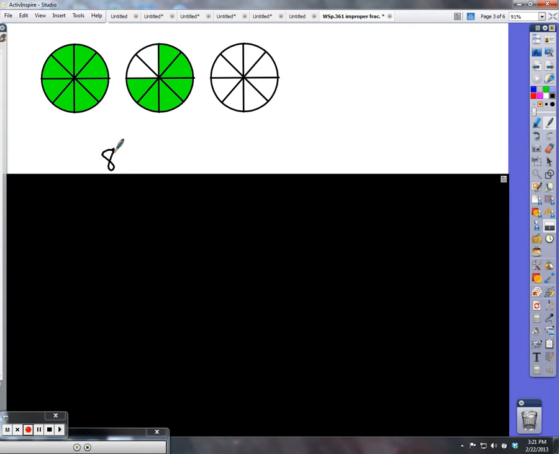So my denominator is going to be 8 on my improper fraction, and my denominator is going to be 8 on my mixed number. So for the improper fraction, I count how many eighths altogether there are. Here's 1/8, 2/8, 3/8, 4/8, 5/8, 6/8, 7/8, 8/8, 9, 10, 11, 12, 13, 14 eighths is shaded in.